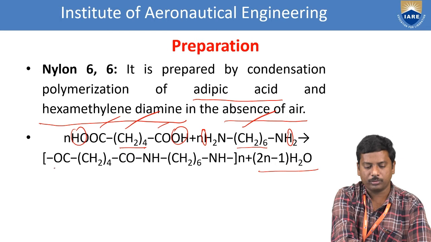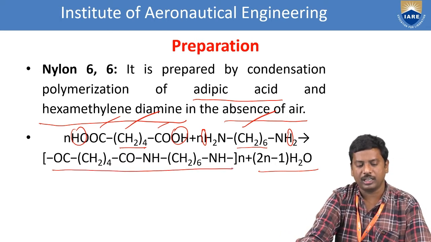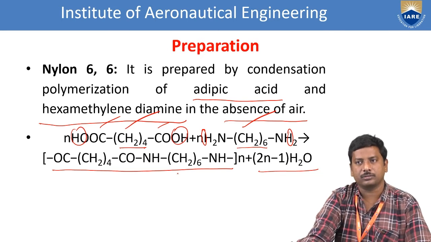Finally, the resultant compound is nylon 6,6, formed with the loss of the hydroxyl from the adipic acid and one hydrogen from the amine group of the diamine. So this is about the structure of nylon 6,6. First of all, nylon 6,6 is prepared by condensation polymerization.